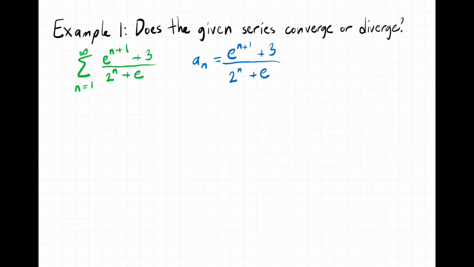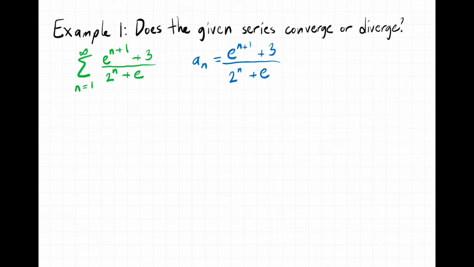Now, a good thing to do here is to look at the function that describes your a_n's. Often it will be a quotient. If it's not a quotient, there's a good chance that it's not going to satisfy the test for divergence anyway, so you're usually going to have a quotient. And on the top and bottom, you'll probably have some components that are growing faster than others.